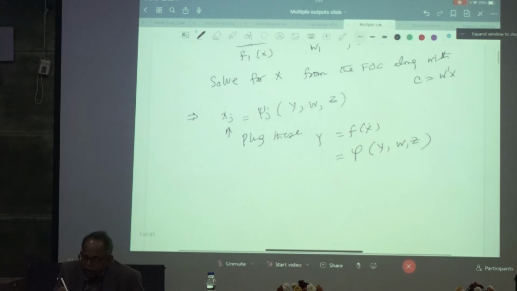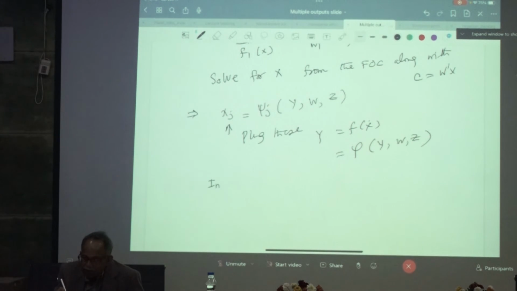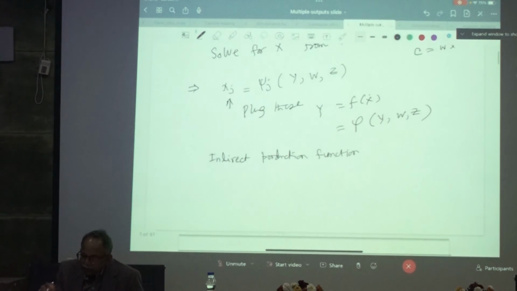So this is called the indirect production function. Remember, production function is a function of input quantities, but input quantities on the right hand side are eliminated because we are choosing inputs in a way that maximizes output. Then you think in terms of assuming a functional form, and then estimate it.